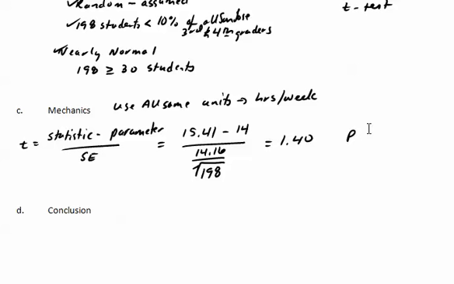So writing that, I can say that the probability of getting a t-value as extreme as 1.4 is equal to 0.08. Now, since the 0.08 is not less than 0.05, it is not as extreme as our alpha level, we will fail to reject.